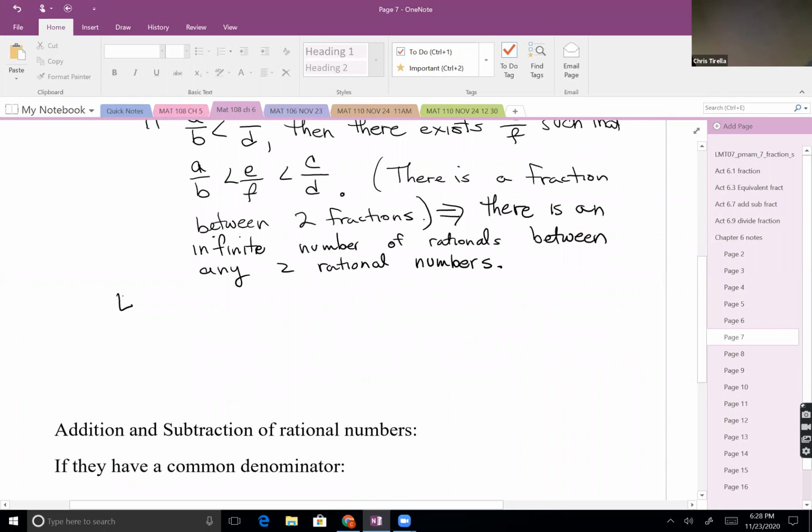So let's say, for example, we know that 4/5 is less than 5/6. We want to find a rational number between them.